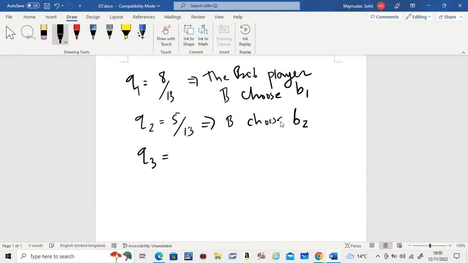And Q3 is 0. So there is 0 probability that player B will choose B3. Okay, and the value of the game was 43 over 13. So this is where you'll need a little bit of modification. Now remember, at the beginning of the game, we had added 3 to all the values. So it means at the end, you'll have to subtract the 3.